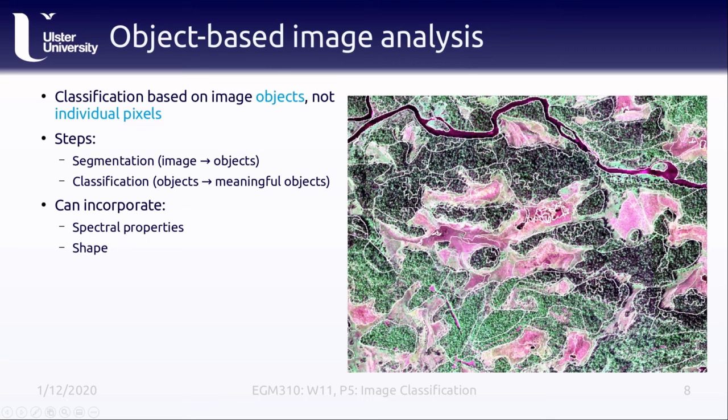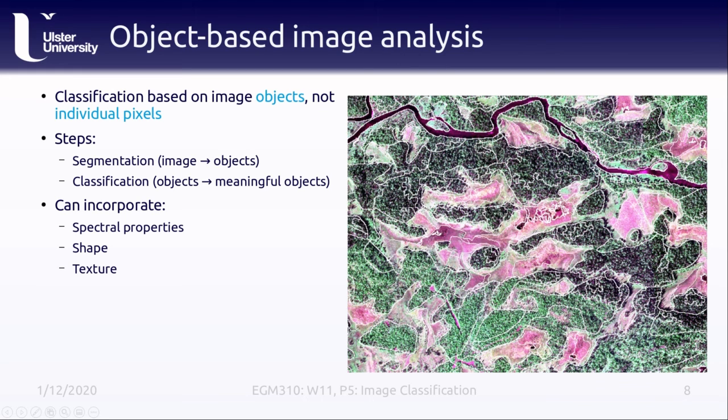For example, we could differentiate between rivers and lakes by taking into account that a river is most likely going to be long and thin relative to its area, while a lake is normally going to be more compact. We can also use texture.